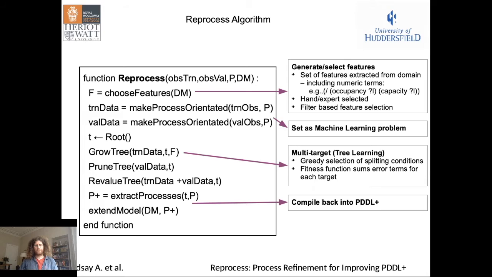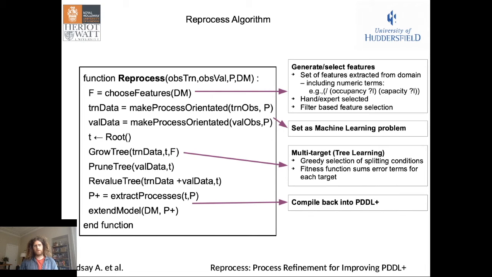So our approach starts by choosing some features. We've defined a simple grammar which allows you basic operations over the propositions and functions in the domain model, and then we allow either expert selected, hand selected, or a typical feature selection approach.